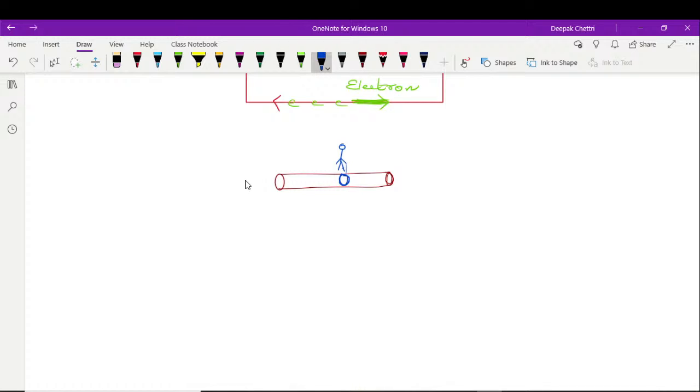And if I connect this to a battery, the electrons will flow here. The electrons will flow. The electrons will pass through this area, right?